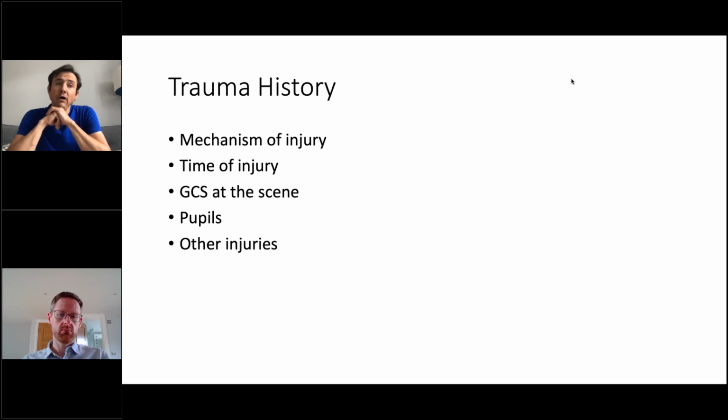I have been in situations where I've been working on the head while the cardiothoracic surgeons are working on the chest. So it's equally important, and it's key to know what other injuries the child has.